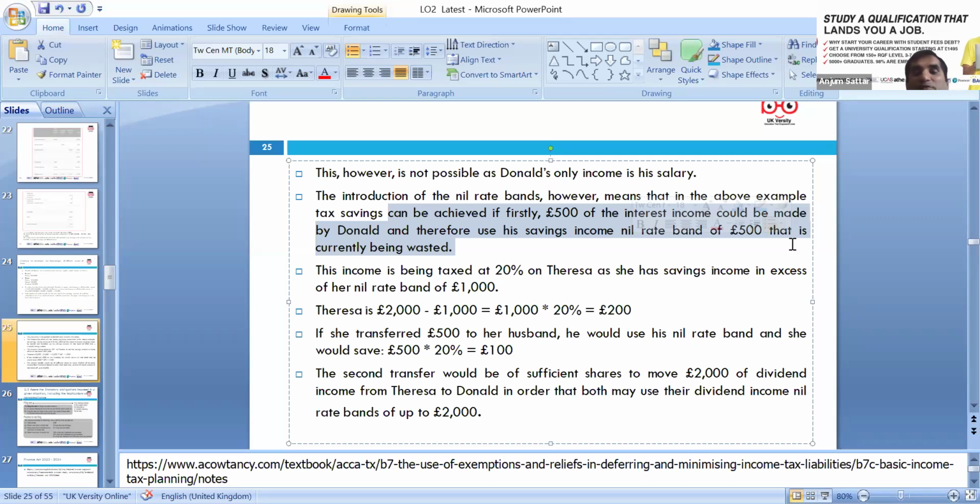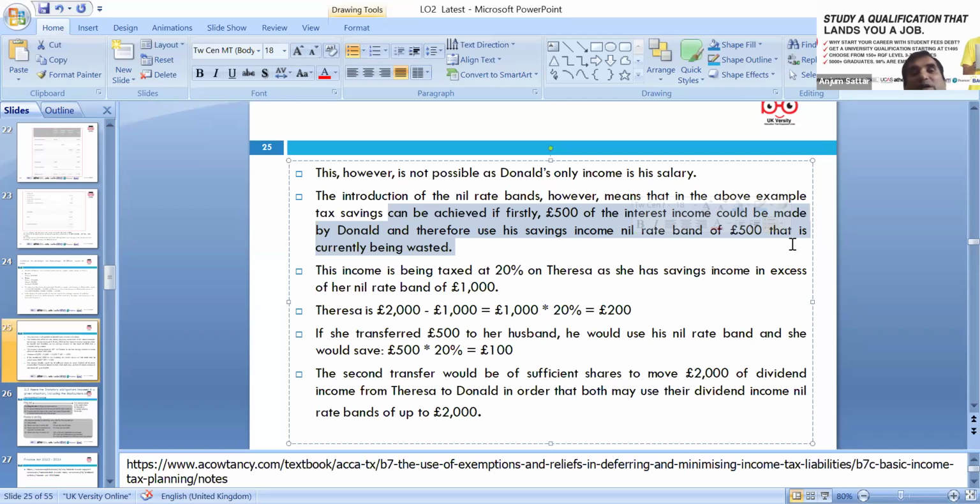Of course, we can look at how much tax we need to pay on the savings income. A transfer of 500 to her husband, so he would use the nil rate band, and she would save 500, which is £100 she can save.